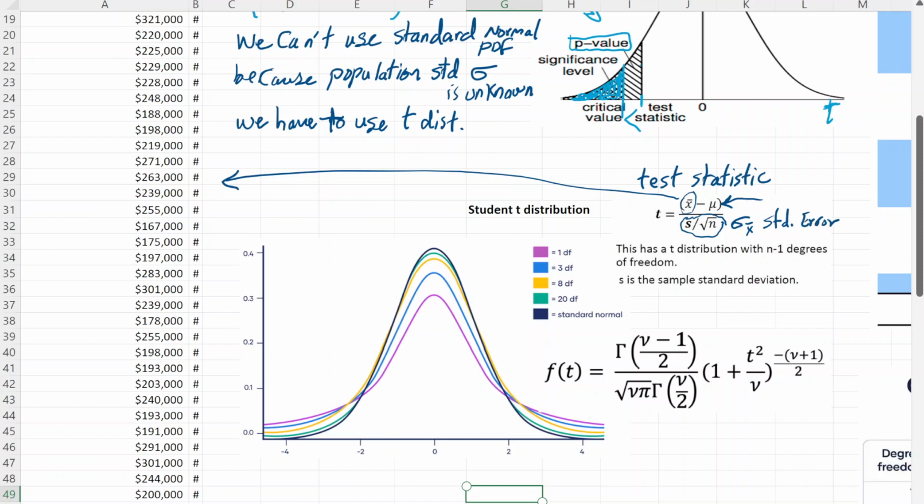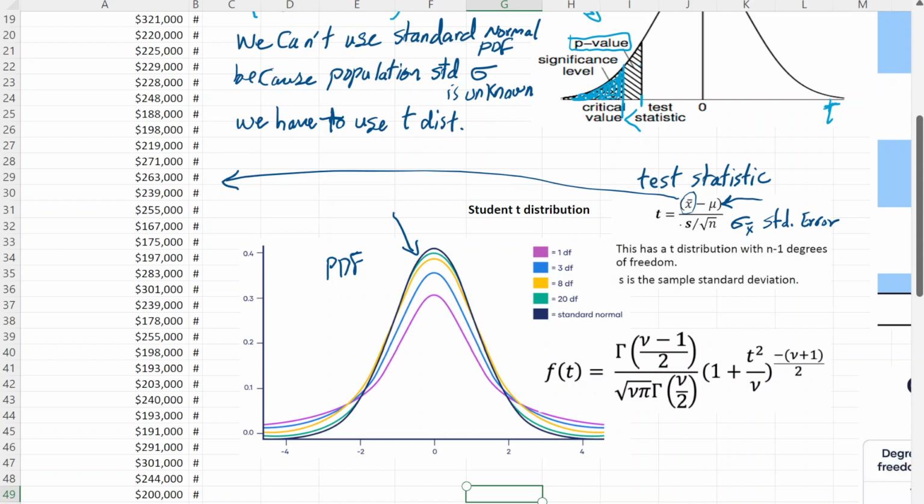Just as an illustration, this is a PDF plot, or probability density function. The black one is the standard normal, what we are used to. Since we don't know sigma of the population, we are using S, the sample standard deviation, as a point estimator for sigma in the denominator of the test statistic.